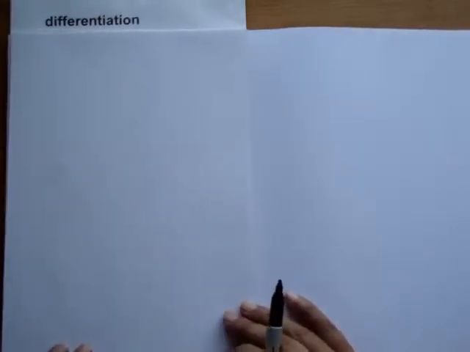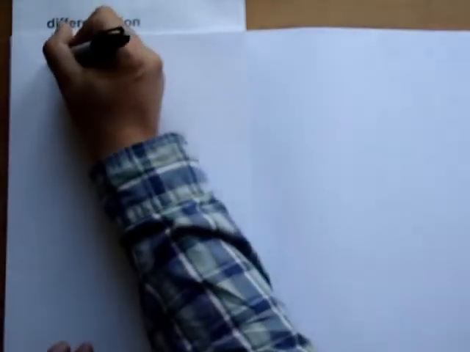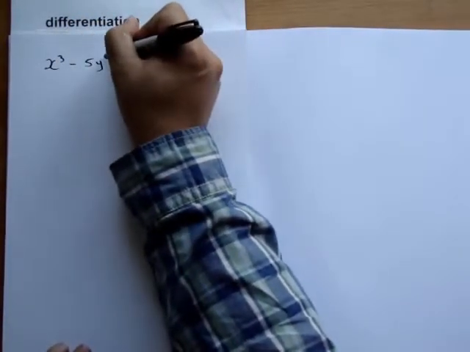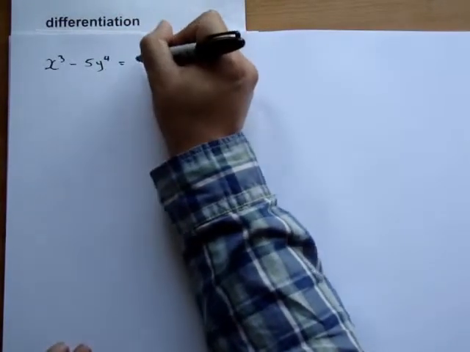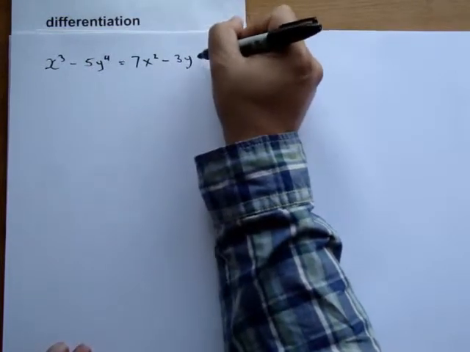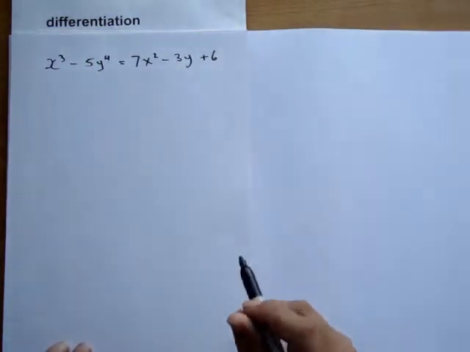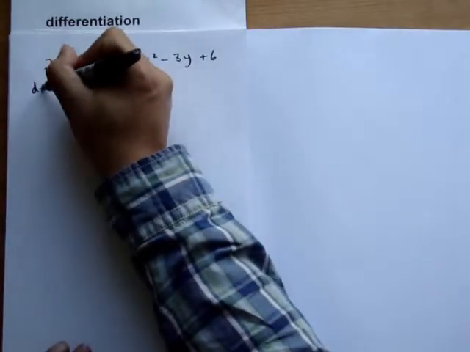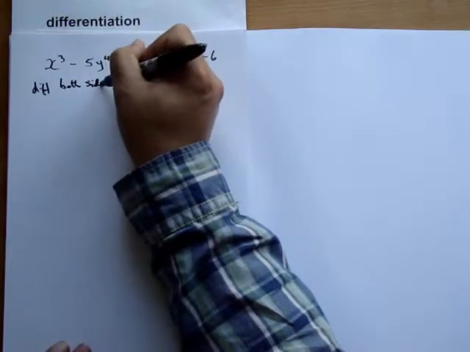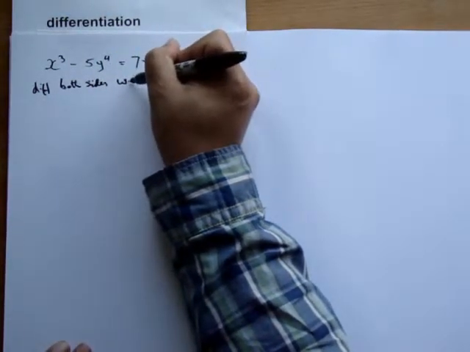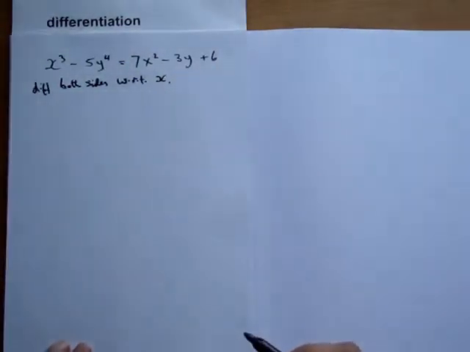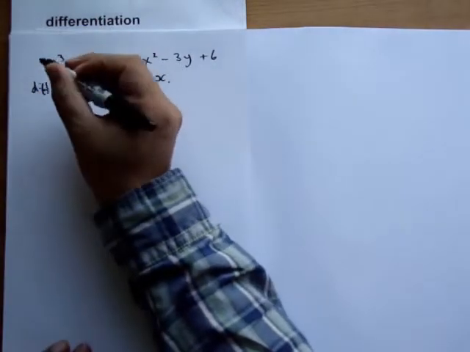So let's work through another example, slightly more complicated. So x cubed minus 5y to the power 4 equals 7x squared. So again, differentiate both sides with respect to x. So let's take this a step at a time.